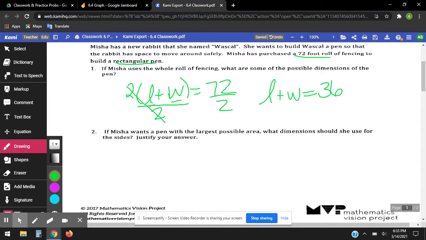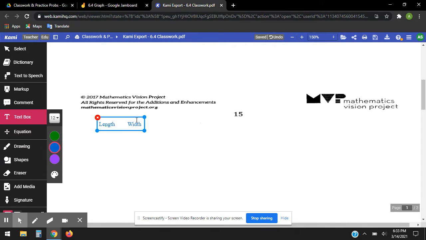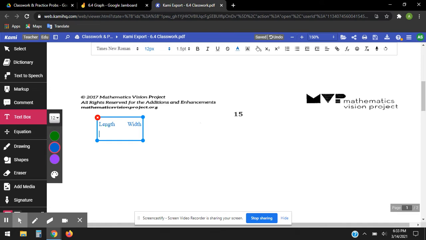So as I'm figuring this out down here, I'm going to need to know our length. So if I have a length of 1, my width would be 35, right? Because 1 plus 35 is 36. So then if I had a length of 2, my width would be 34.